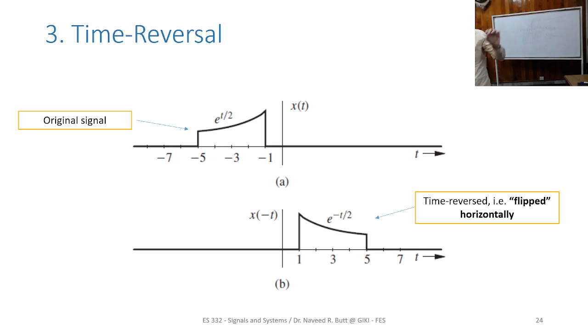But it's the x axis whose values have become negative. Whatever was happening at t equals 1 is now happening at t equals minus 1. What was happening at t equals 5 is now going to happen at t equals minus 5. So what was to happen at time t now happens at time minus t.